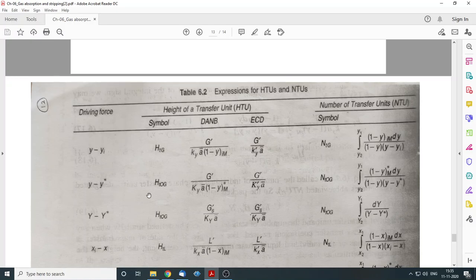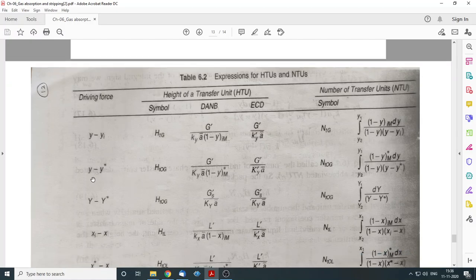If it is based on overall mass transfer coefficient for gas, then this will be the expression for diffusion of A through non-diffusing B, and this is for equimolar, that height of transfer unit and number of transfer unit will be this.